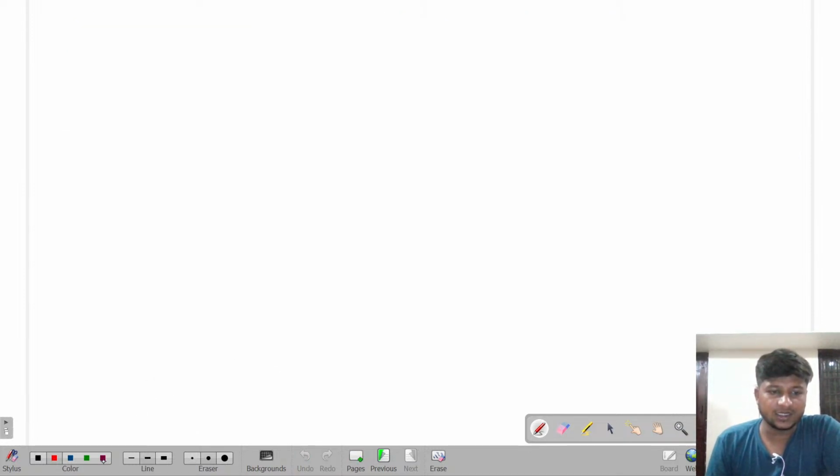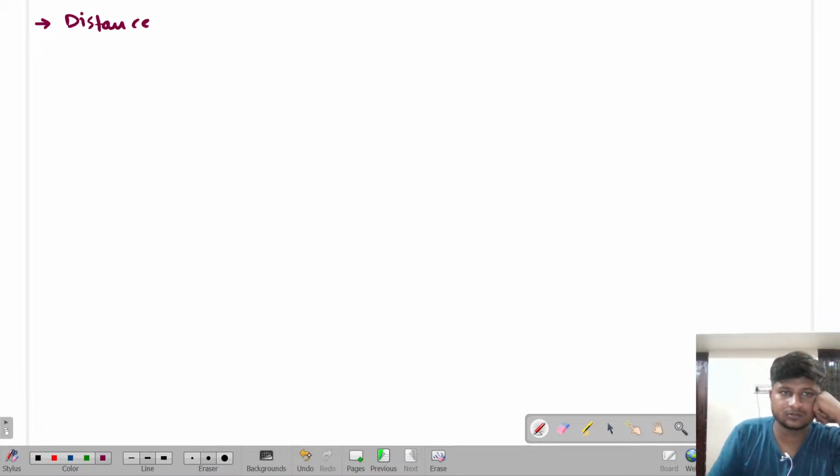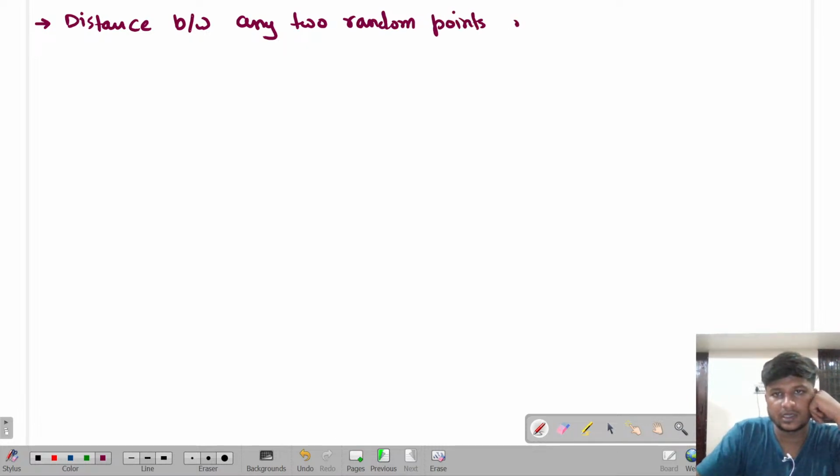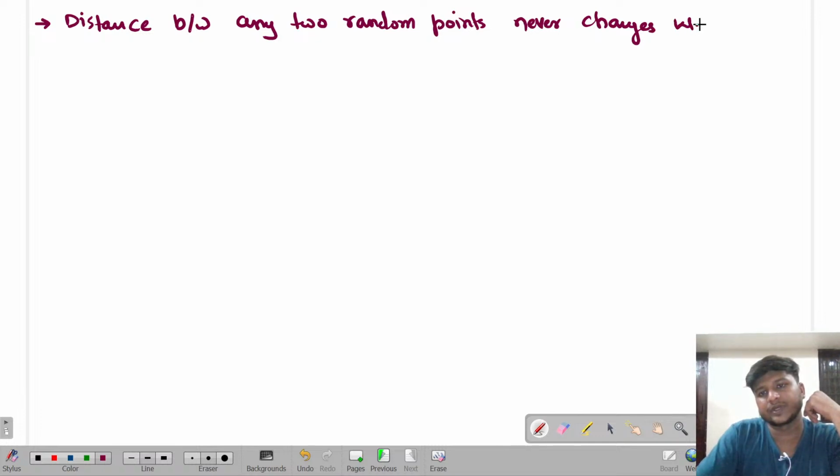So with this idea, let us have some points about a rigid body and then we'll define our rigid body perfectly. What it says is that the distance between any two random points never changes with respect to time.